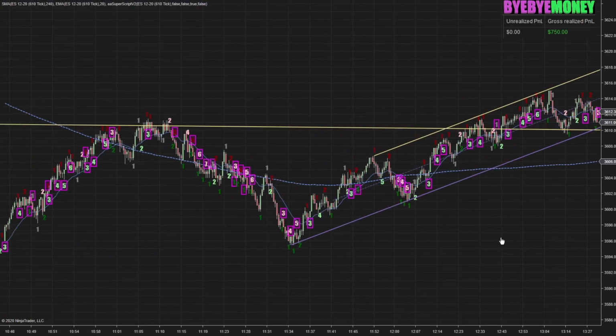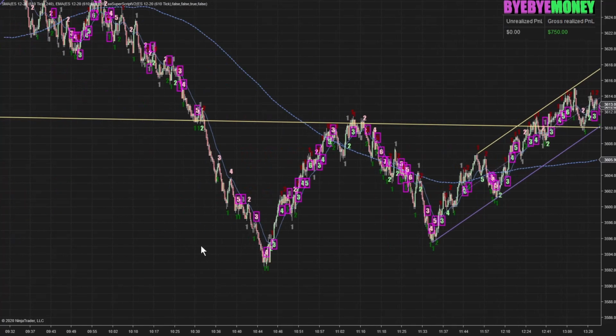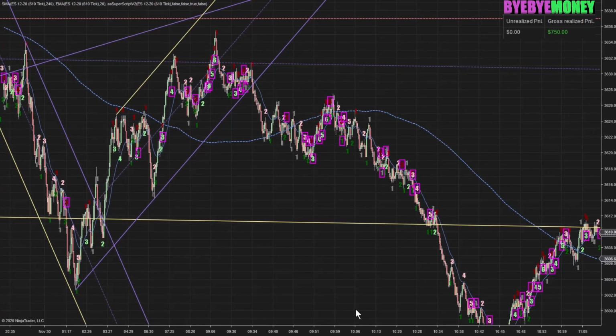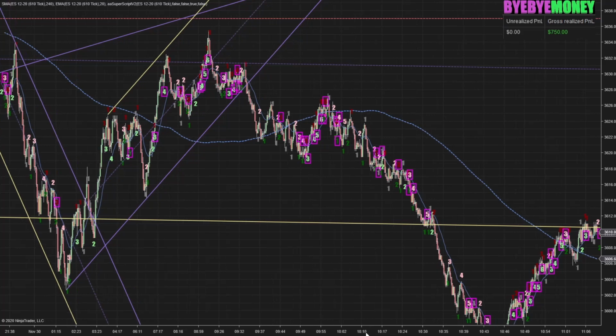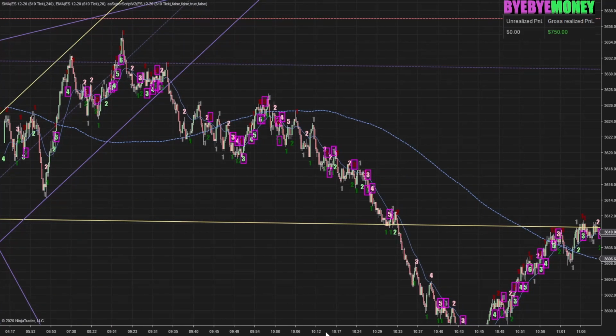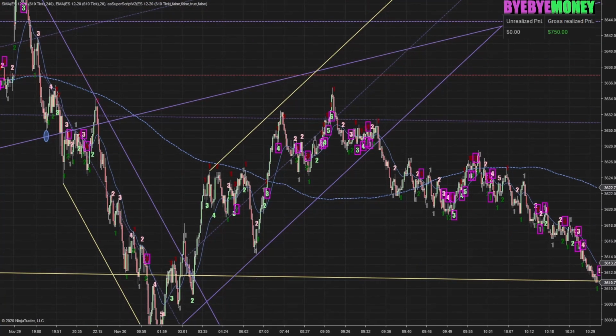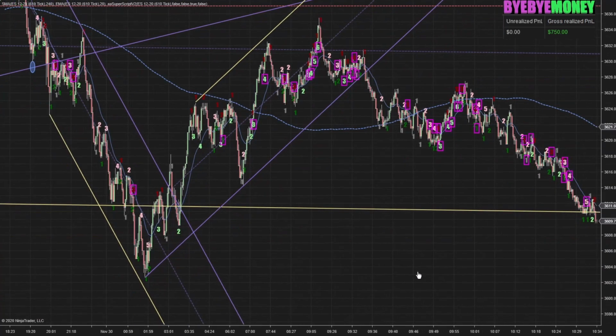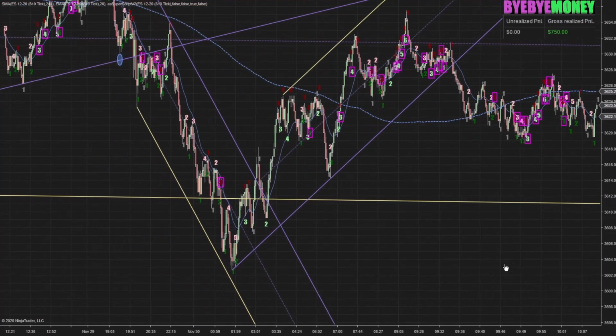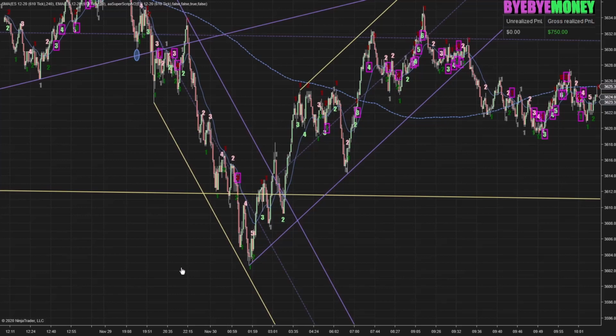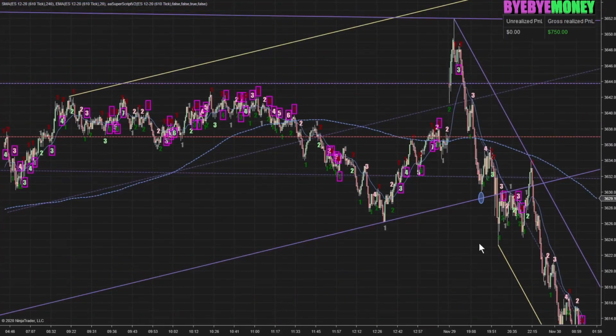My first trade happened yesterday at around right here.